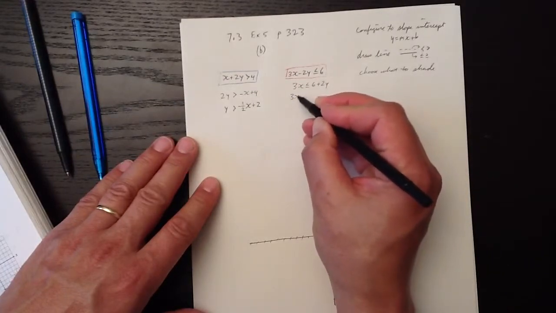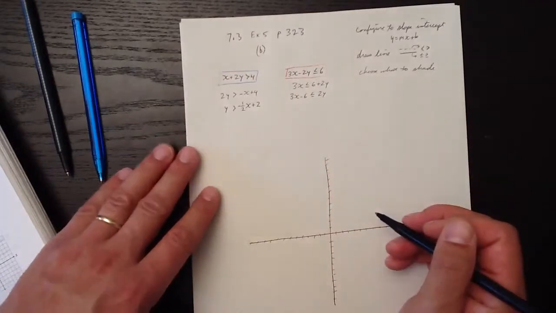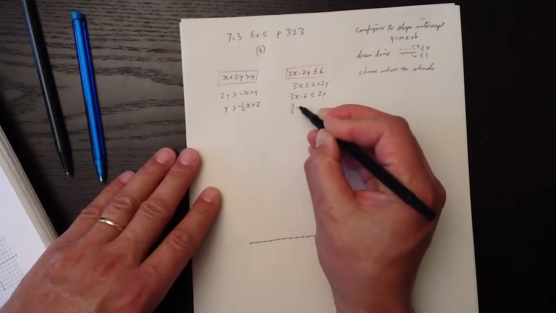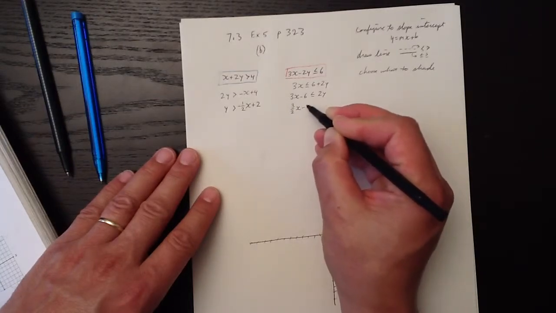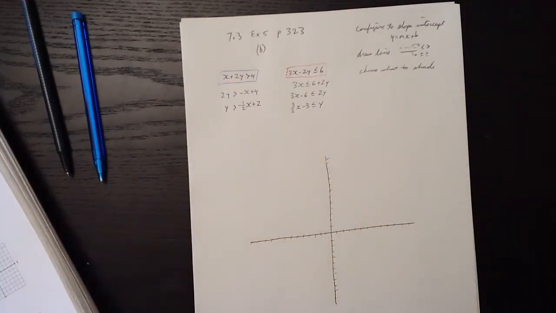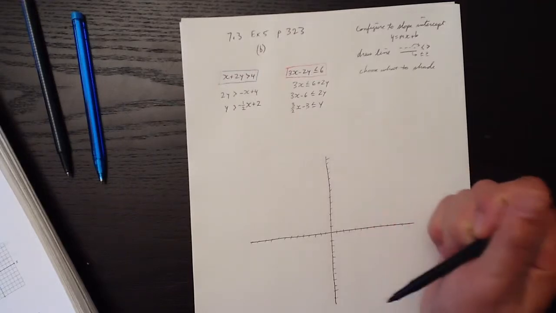I get 3x minus 6 is less than or equal to 2y. And then I divide both sides by 2, and I get 3/2 x minus 3 is less than or equal to y. So this is still my slope, and this is my y-intercept.